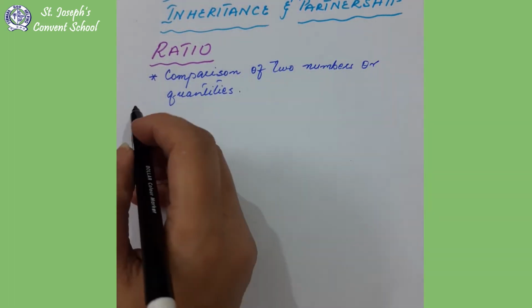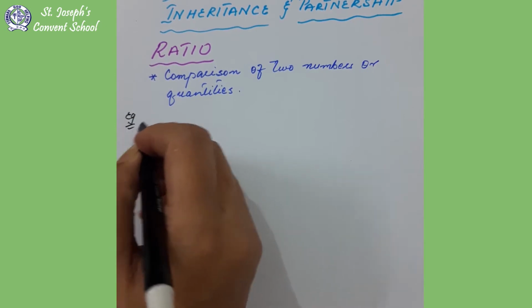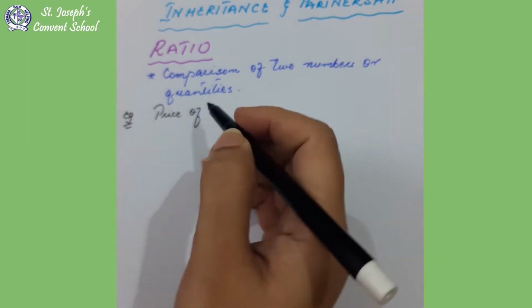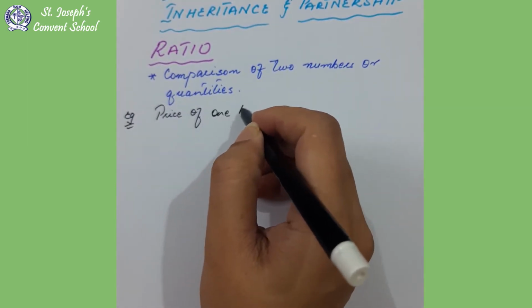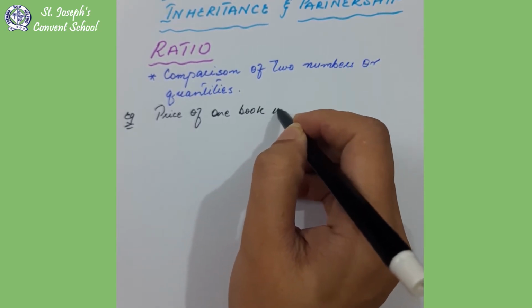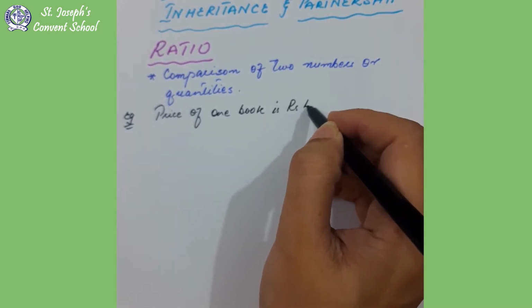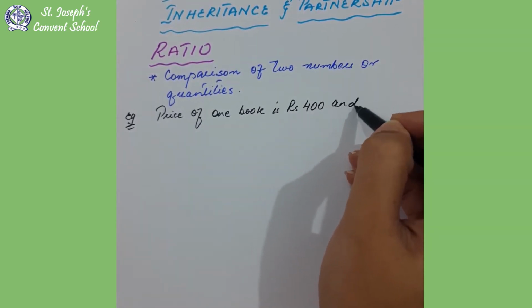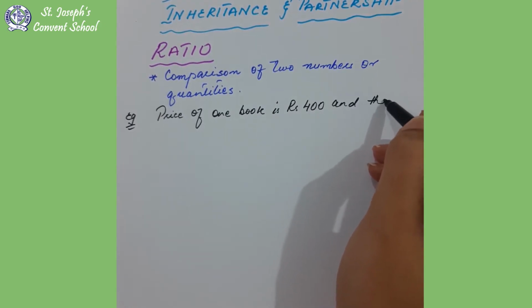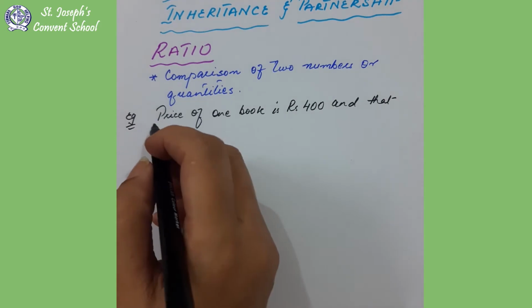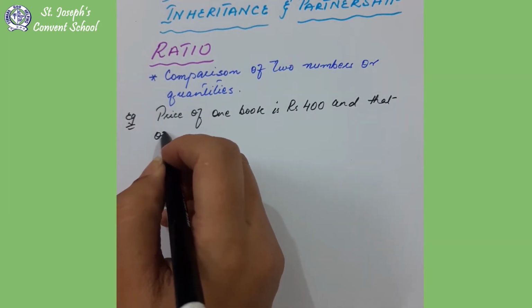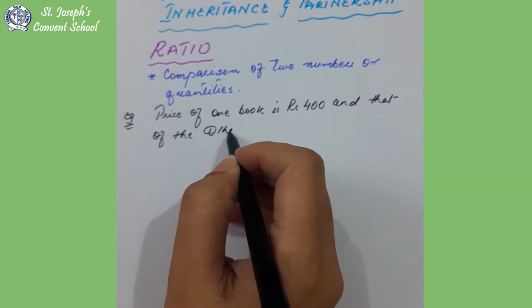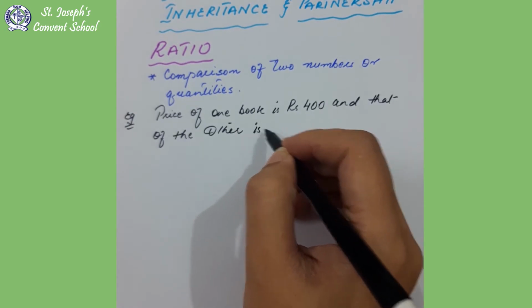Example: suppose the price of one book is rupees 400 and the price of the other book is rupees 300.